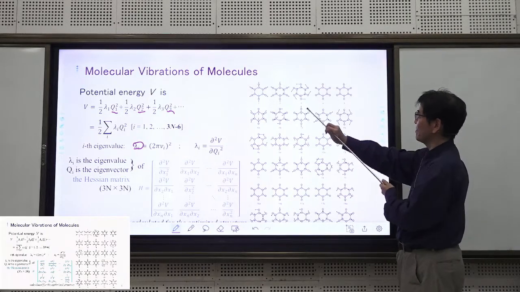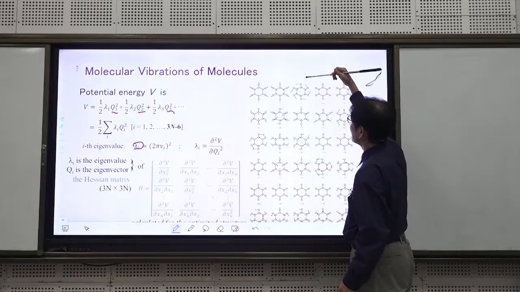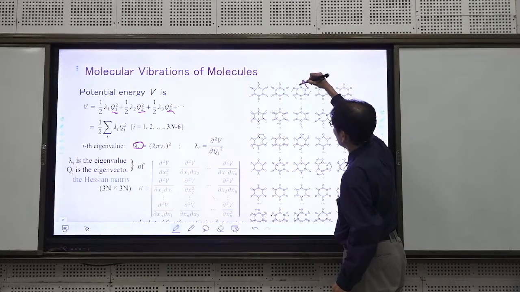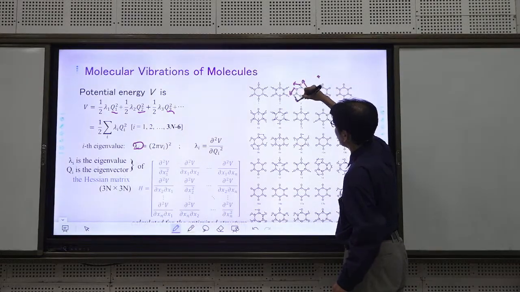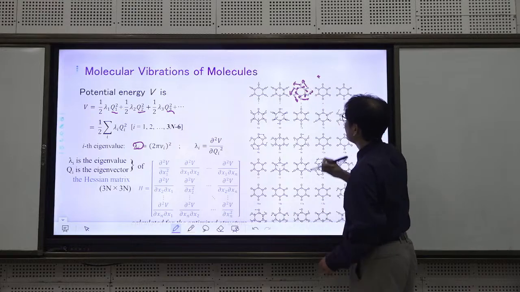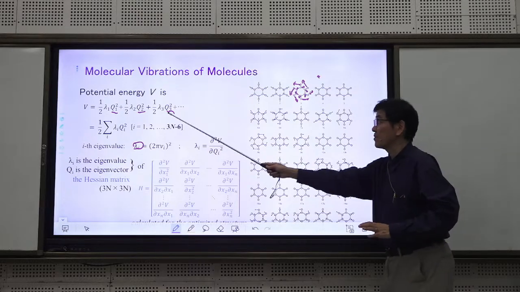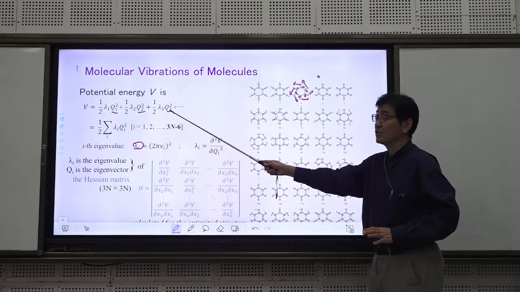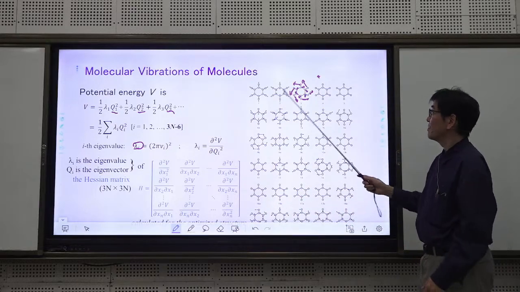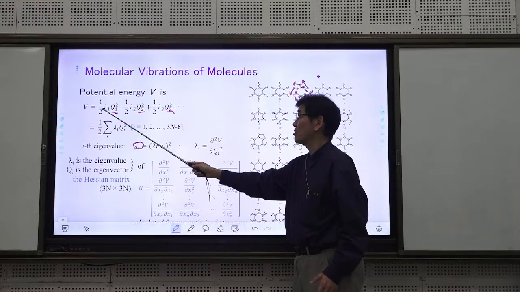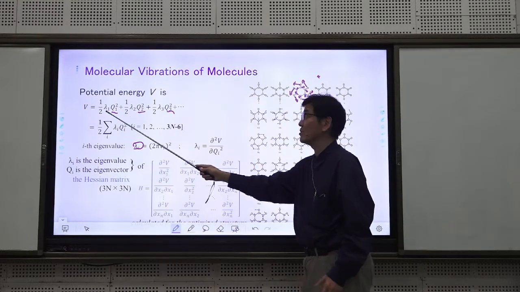So can you see? Here is some coordinate vector. By setting the coordinate Q properly, we can say the potential energy of molecular vibration is the sum of one-dimensional harmonic oscillators.